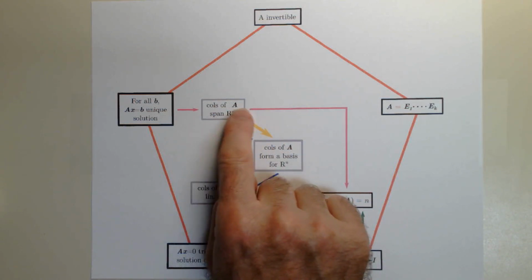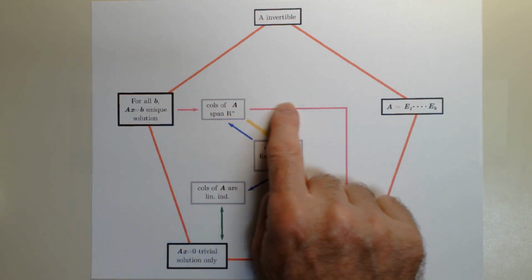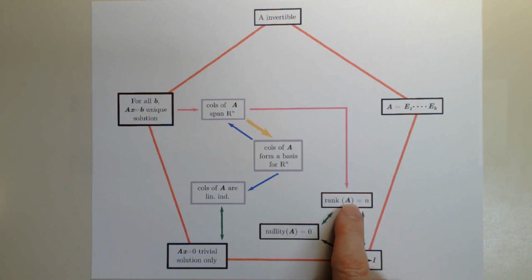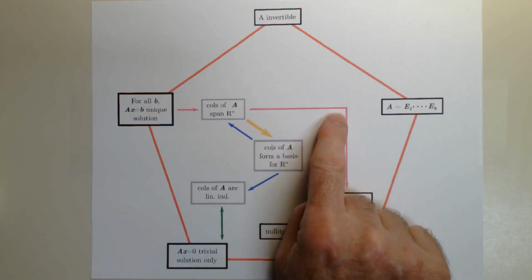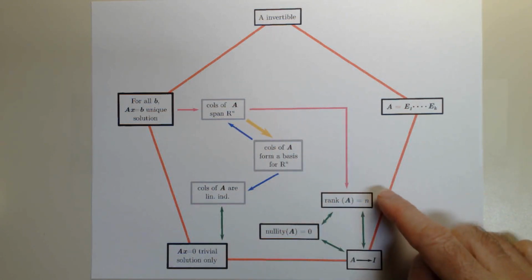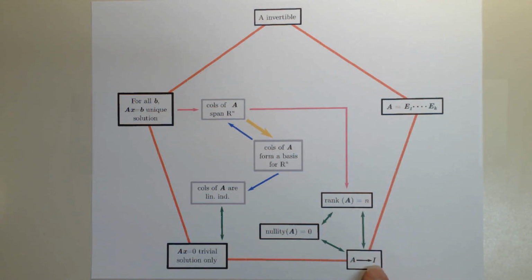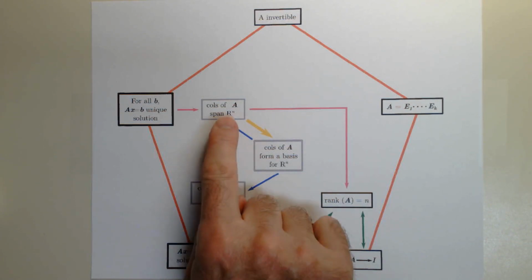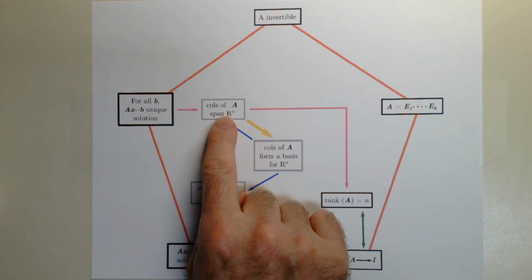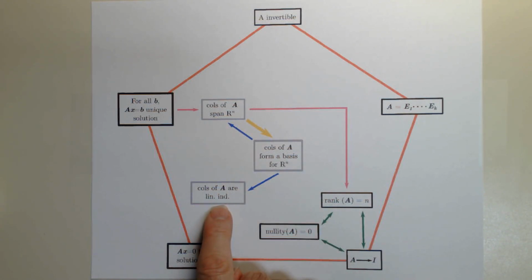We know that if the columns of A span Rn, then the rank of A is equal to n. We've already proven that implication arrow. We know that that's equivalent to saying that A is row reducible to the identity matrix, which is equivalent to AX = 0 has only the trivial solution, which is equivalent to saying that the columns of A are linearly independent. So knowing that the columns of A span Rn also implies that the columns of A are linearly independent.